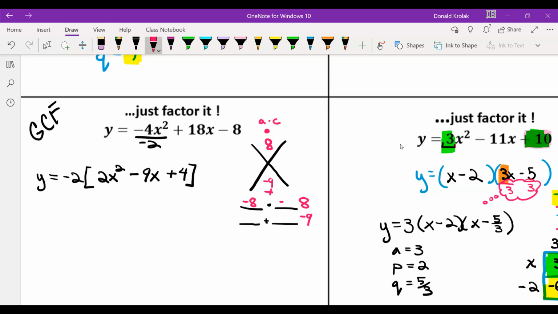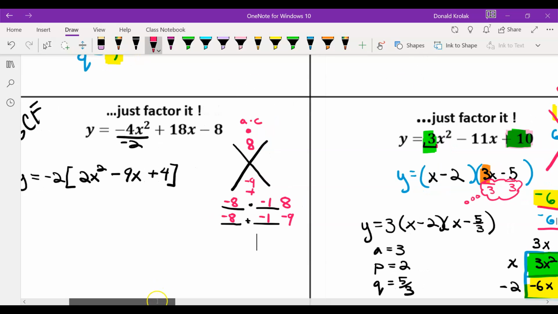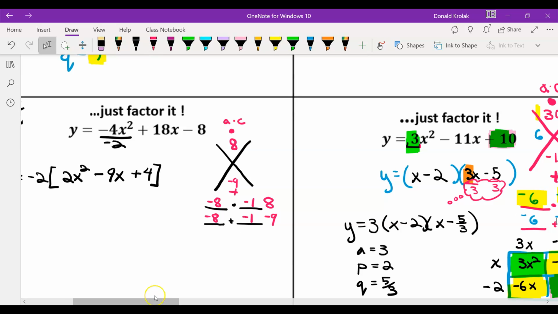Negative 8. Now, if that darn 2 wasn't in front of that x squared, we could just drop those in.